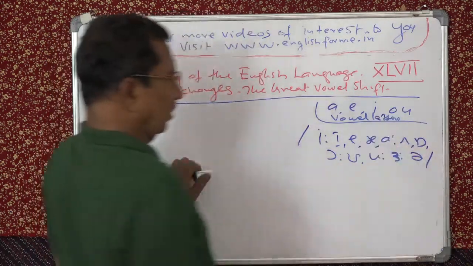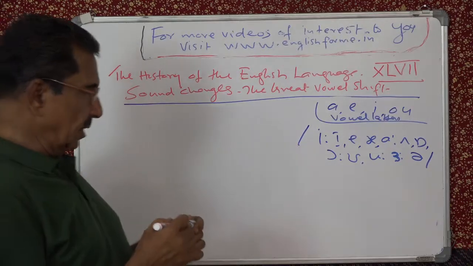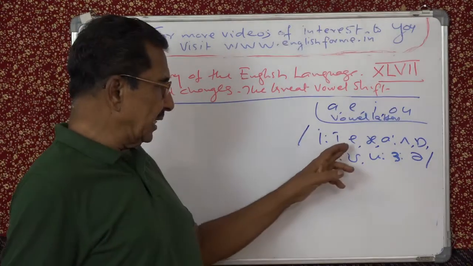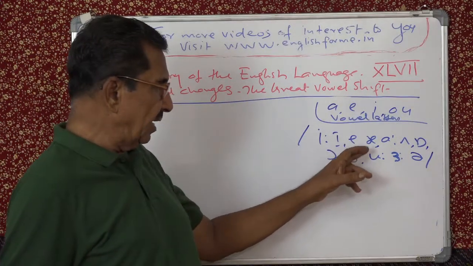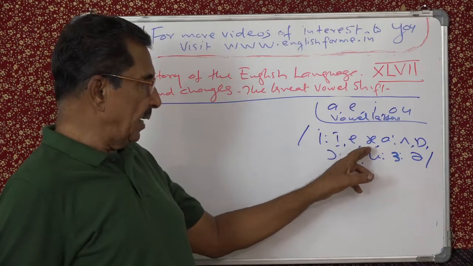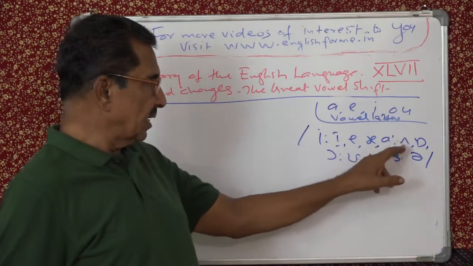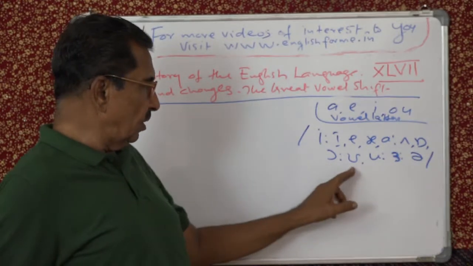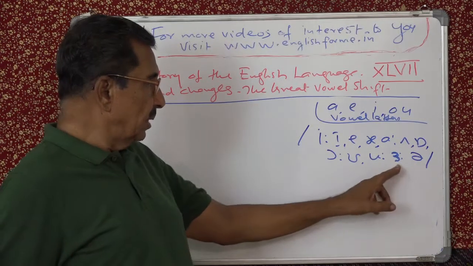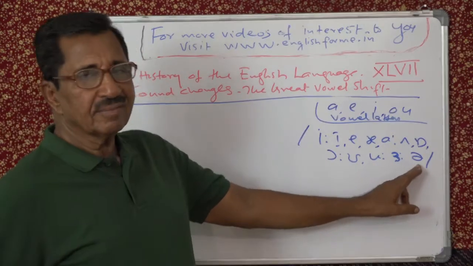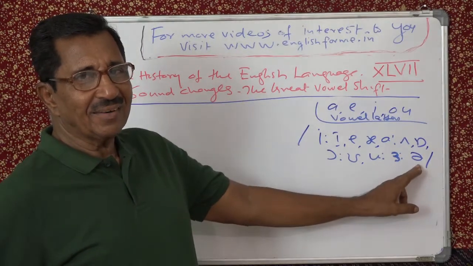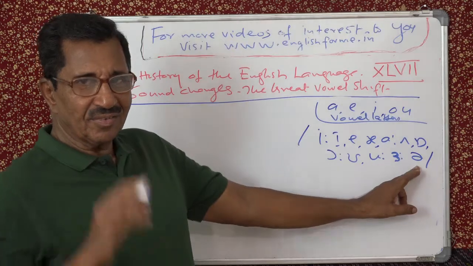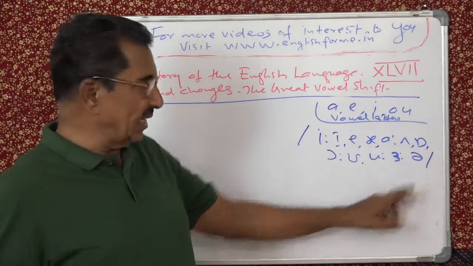So 12 pure vowels, isn't it? Like eat, egg, apple, ask, cut, cot, fall, full, fool, bird, account. That's the first one, or center, the last one.